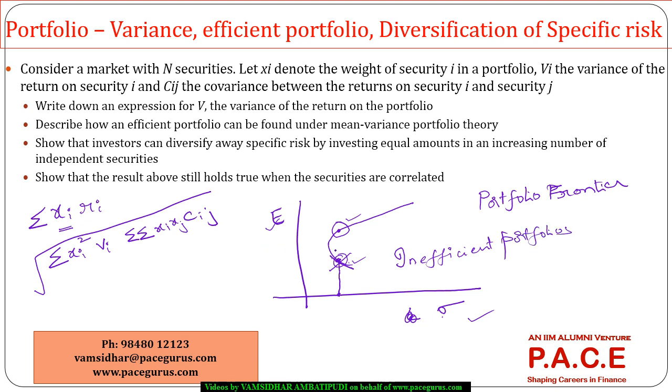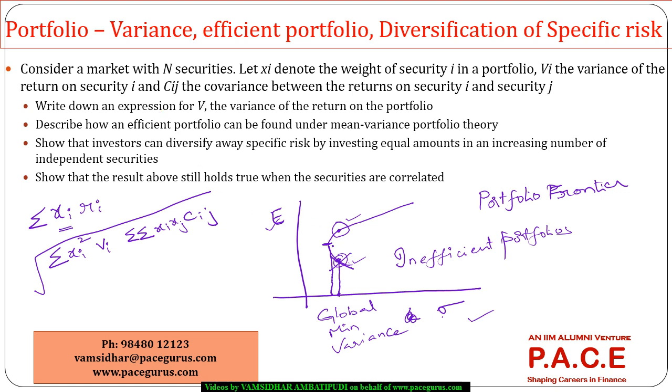And at the same time, this one is giving me the least possible risk. This is what we call the global minimum variance portfolio. This is the minimum amount of risk that I can get by investing in this portfolio. I cannot reduce the risk to any extent below this, which is why I call it the global minimum variance portfolio.